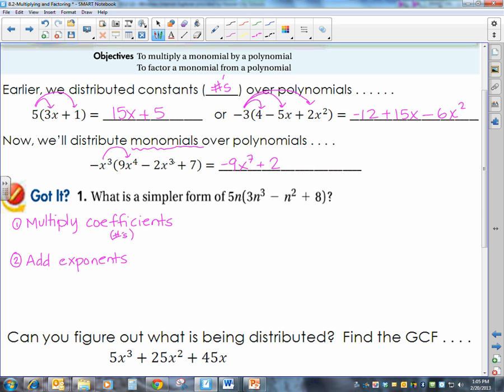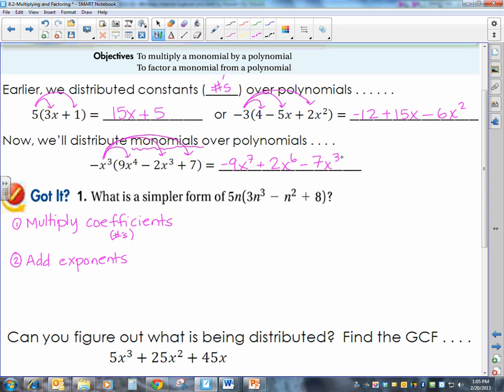X to the third means I have 3 plus 3 x's is 6. And then negative 1 times positive 7 is negative 7. And of course, I have to write my variable, x cubed. So we took negative x cubed and we distributed it over each term inside of our parentheses to get our answer.